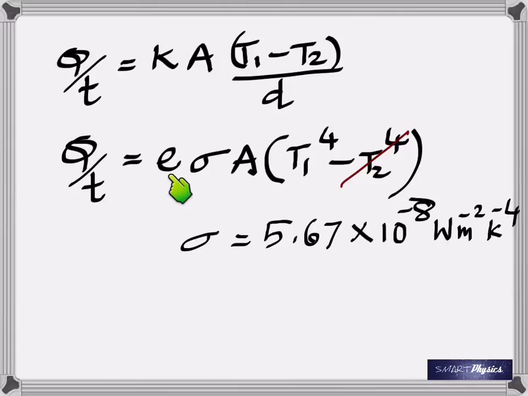For a white, shiny surface, that is 0. All right. So whatever is given, use that. No, that is emissivity. And remember, A is the area of the surface, because it's the surface that's giving out the heat.